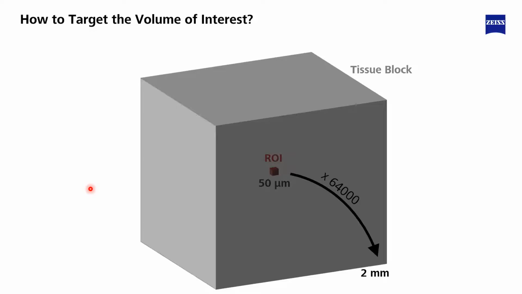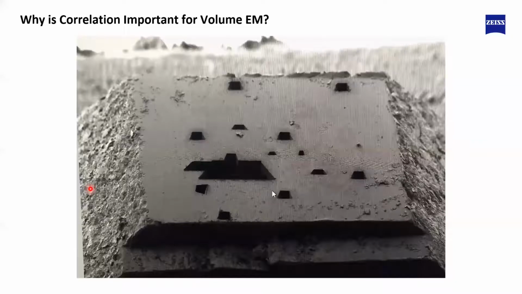And to make matters even worse, all of that is embedded in resin. And resin is really cumbersome the moment it's cured. You can't really see any structure anymore inside your tissue. You see the overall structure of your tissue block, which is very, very dark, but as you will see in a second, it's very distorted, so you can't really see inside.